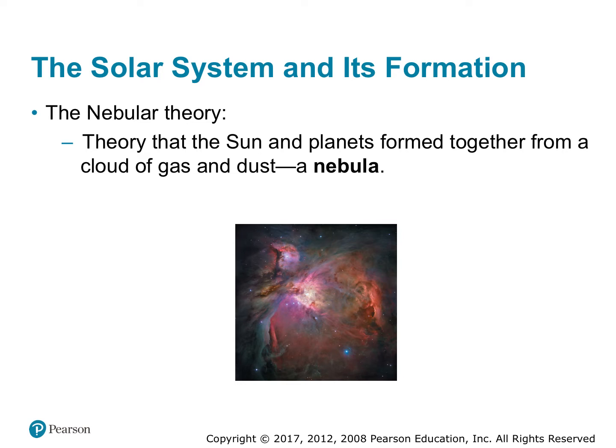Now, where did the gas and dust come from in the first place? It turns out, when the universe was formed, that only two elements on the periodic table formed with it, hydrogen and helium, the two lightest elements on the periodic table. And eventually, gravity caused these gases to clump together, and eventually enough of this gas accreted to form stars.